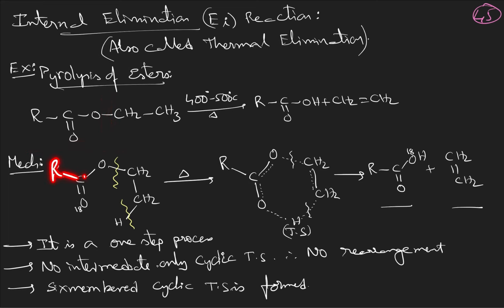You see here, R, C double bond O, O, CH2, CH3 is written in the form of like this. Okay? So now this bond will be broken.